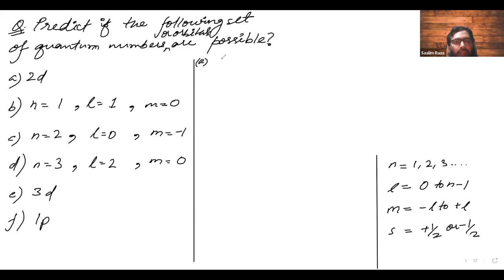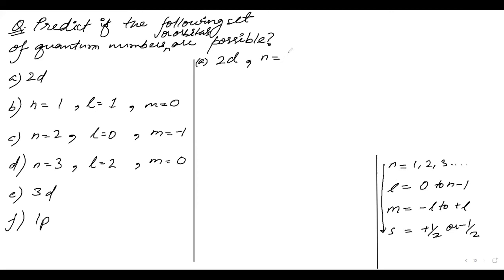For A, what is given? 2D. Whatever information is given, you will write each piece in this sequence and check at each step. If it is written 2D, n is equal to 2.